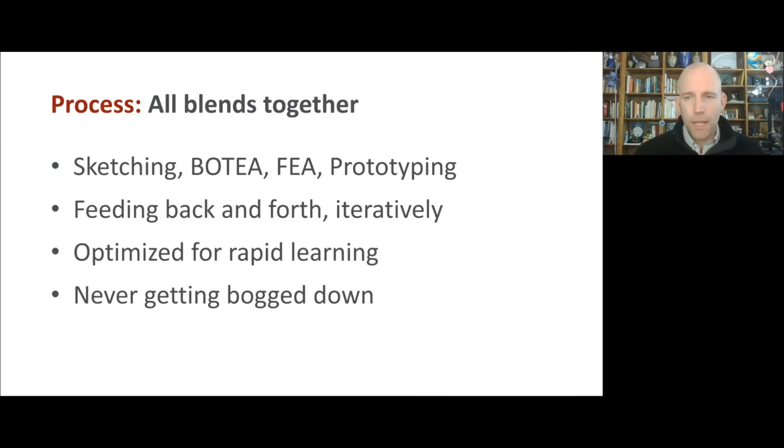What does the loading imply about what shape the part should have? And you're not really trying to get to the most detailed analysis with any of these techniques right away, but instead really learn about the problem.